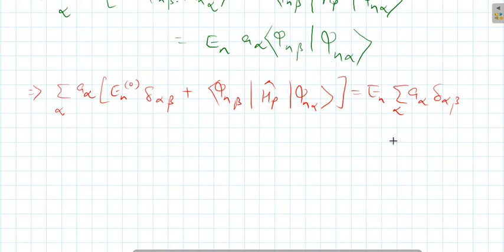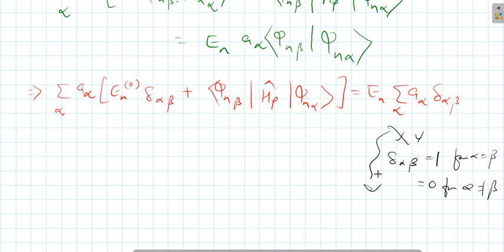As here, if I use the idea that delta alpha beta is equal to 1 for alpha equal to beta, and it is equal to 0 for alpha not equal to beta, then the rest of the terms will become 0 and I will remain with En and A beta only. So I can write this as A beta En.